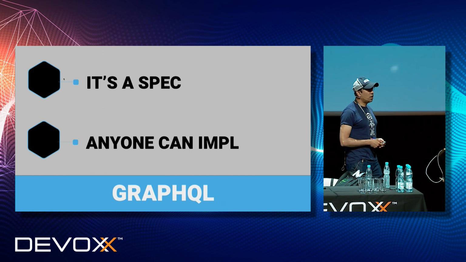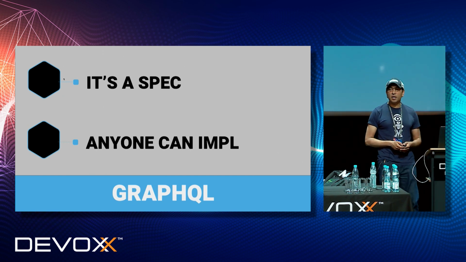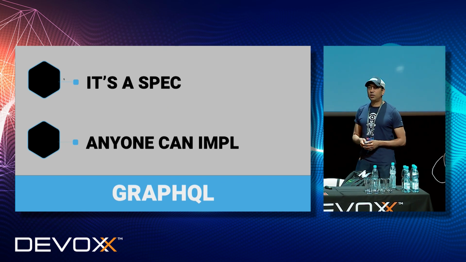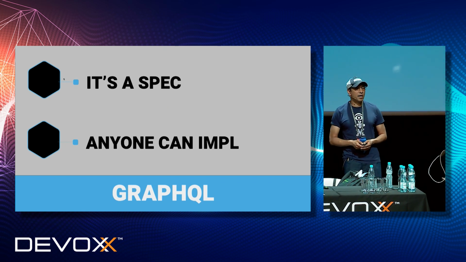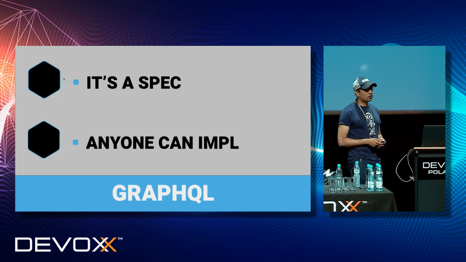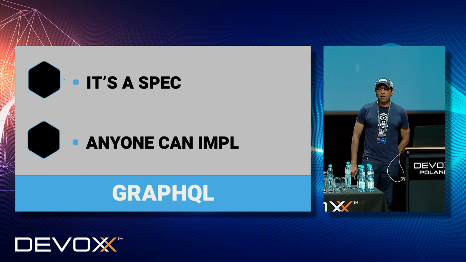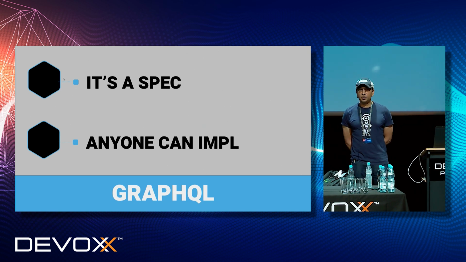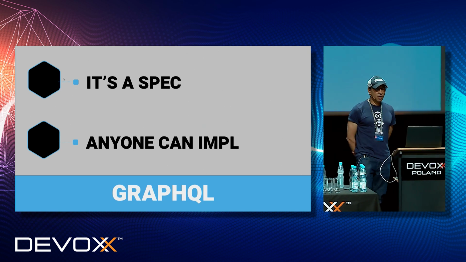GraphQL is not necessarily an implementation, but more of a specification on how you build clients and API backends using this specific spec. So anyone can implement a GraphQL implementation on the server, and we'll look at 2 implementations for Java specifically a bit later on.